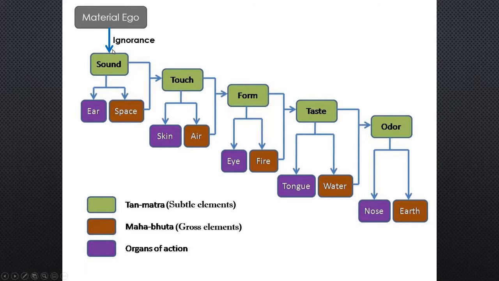When space and sound combine, they create touch. And so all of these other elements come into being, from the subtlest, which is sound, to the grossest, which is odor, and nose, and earth.